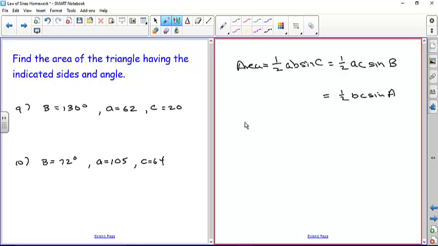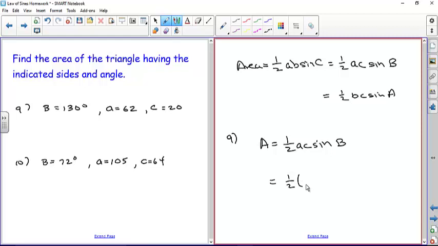So in this case, we do have everything we need. We don't have to do anything, we just plug into the formula. So this one's a piece of cake. Because we have angle B and sides A and C, we're going to use this one. So we're going to take 1/2 AC times the sine of angle B. In both of these cases it's the same situation in terms of labeling.